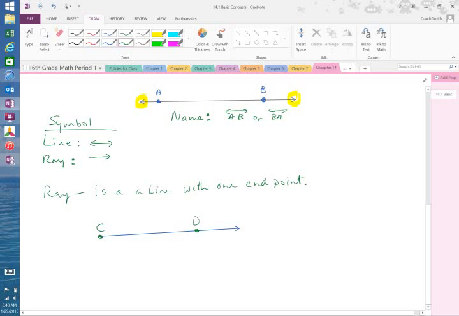Now, how you would name this, okay, would be ray CD. Either one of those would be correct. Now, with the ray, you can't go ray DC.